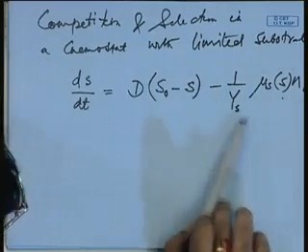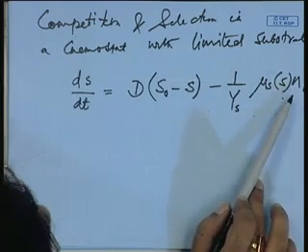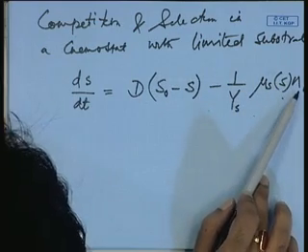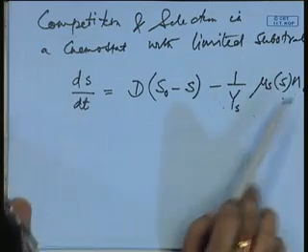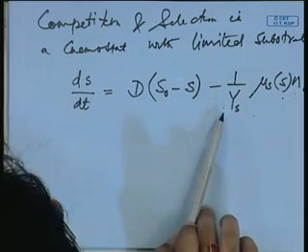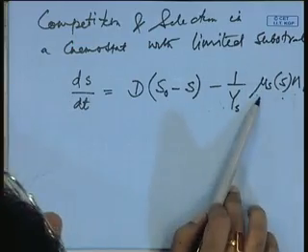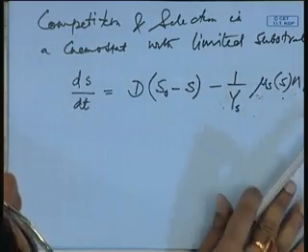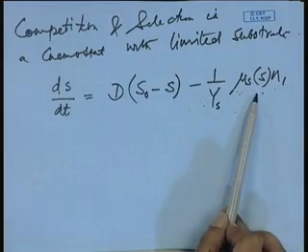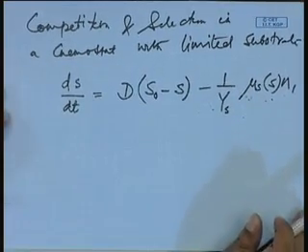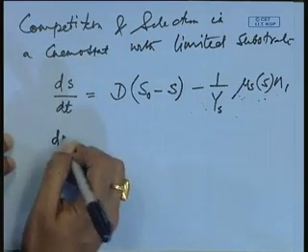As a result, the substrate is being depleted, leading to the growth of the prey N1. How much substrate is consumed depends on the specific growth rate, so the larger mu is, the more substrate is being consumed. Is that clear? The next thing we do is write the balance for the prey.